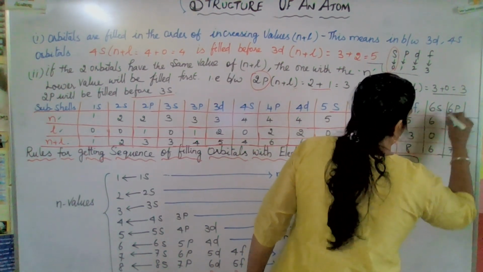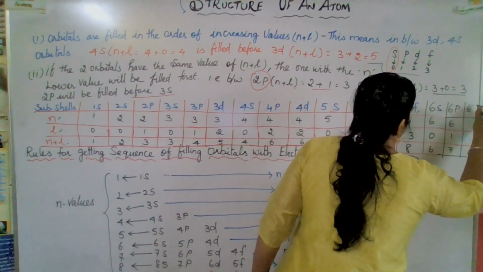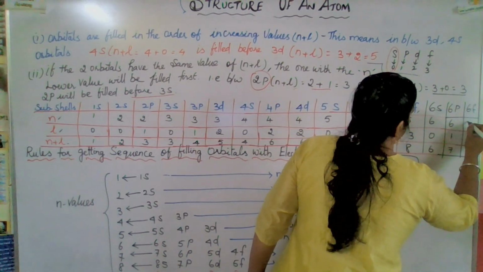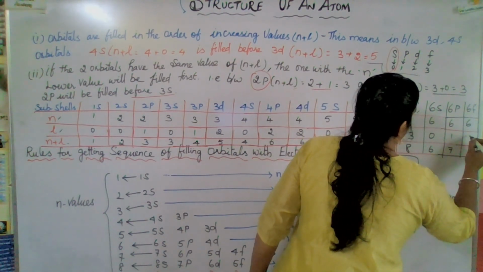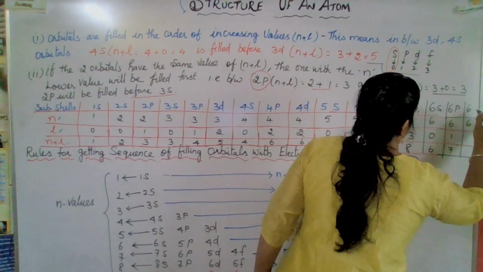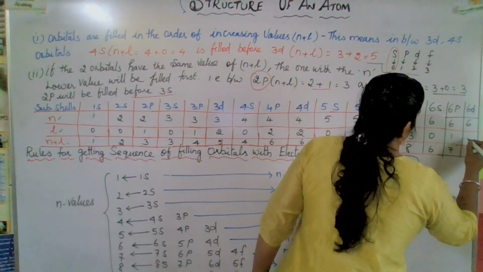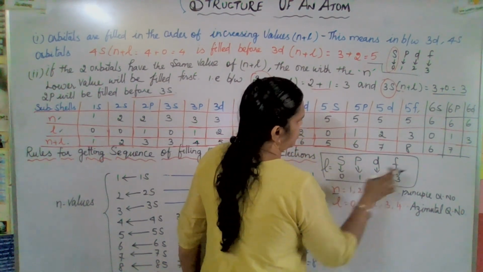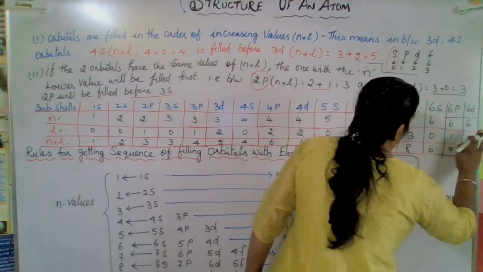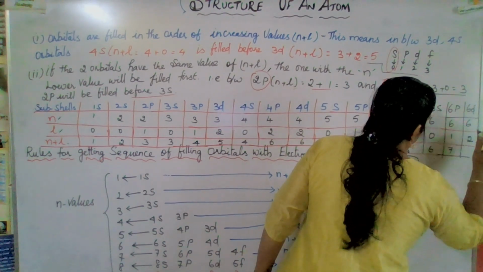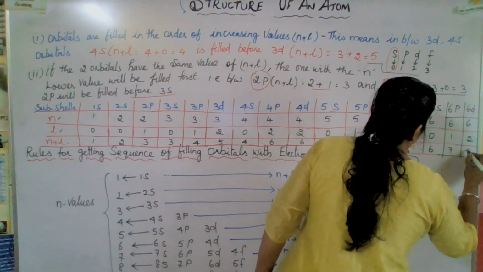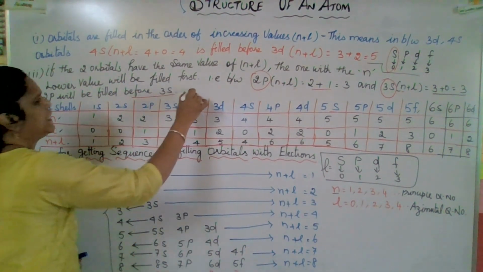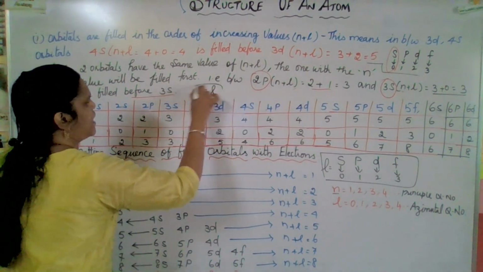And the same way 6d: n value 6, d value is 2, and altogether 8. I hope you got an idea how to fill that n plus l value.